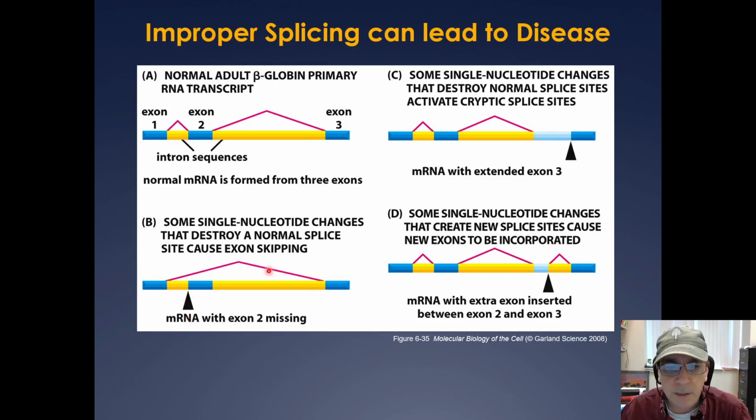You can have exon skipping, which can remove a very critical portion of the protein, and you can also get the incorporation of brand new splice sites, which once again can potentially throw the gene out of frame when it's being translated on the ribosome. And so all of these different pathways can occur where you can have exon skipping or cryptic splice sites or a whole new exon getting added into your mRNA transcript.